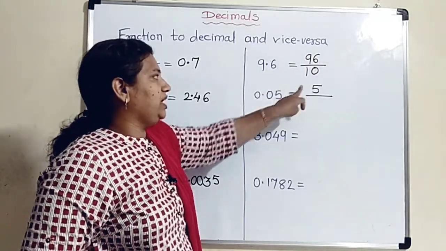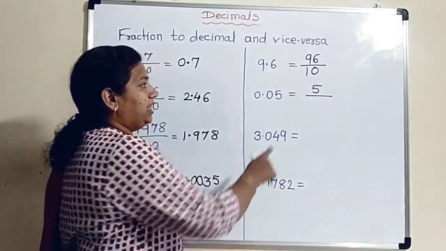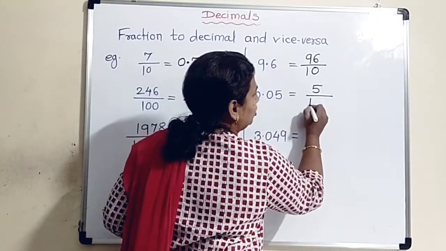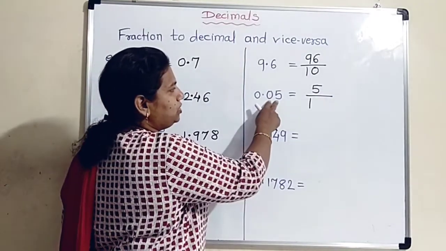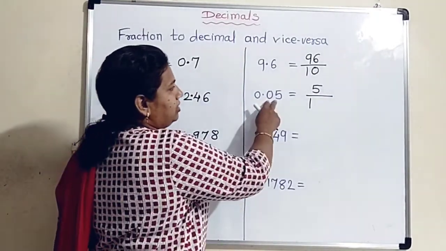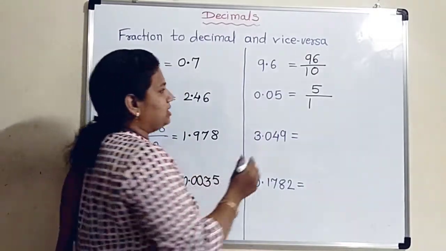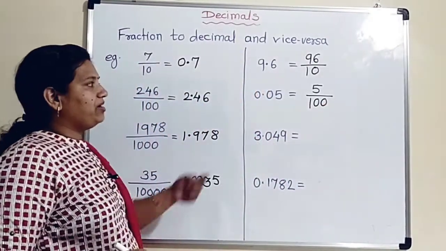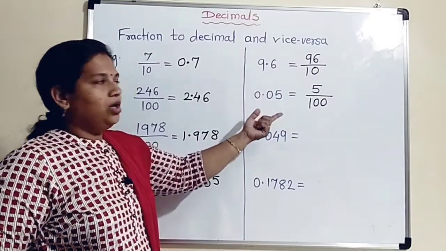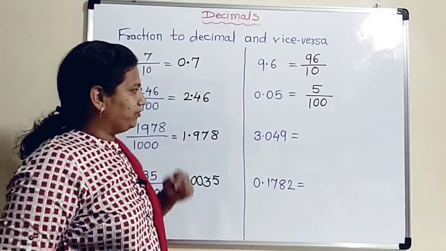So we are just writing the number 5, and while writing the denominator, 1 should be followed by zeros equal to the decimal places. Here there are 2 decimal places, so it must be followed by 2 zeros. So 5 by 100 is the fractional form of 0.05.